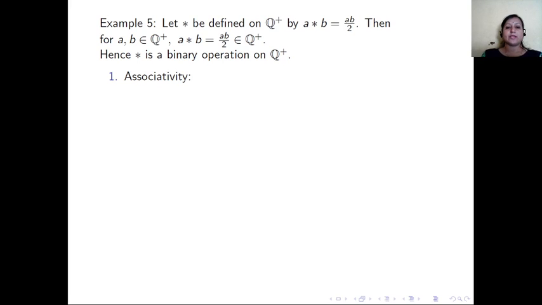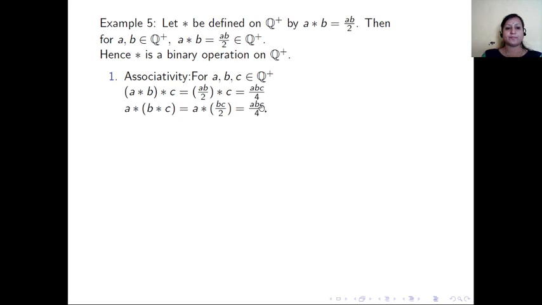Now the next property, associativity. Consider three elements A, B, C belongs to Q plus. Then (A star B) star C is equal to (A star B) is AB upon 2, star C, which is ABC upon 4. Because of how the definition works, it is the product of these two elements divided by 2. So here it is the product of these two divided by 2, which becomes ABC upon 4.